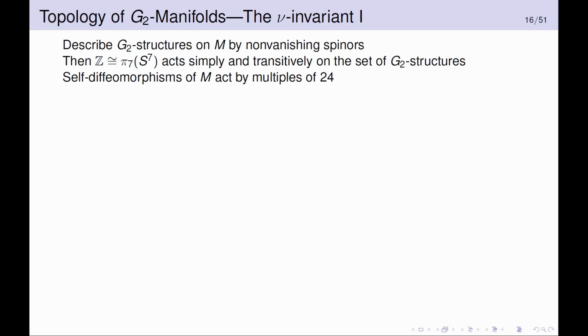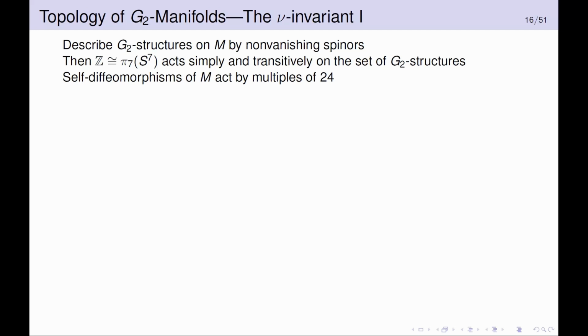If that's the case, then you can think that the spinor bundle has dimension 8. And if you take a local trivialization, it's just some patch of R^7 times R^8. And the unit sphere in the fibers, that's S^7.